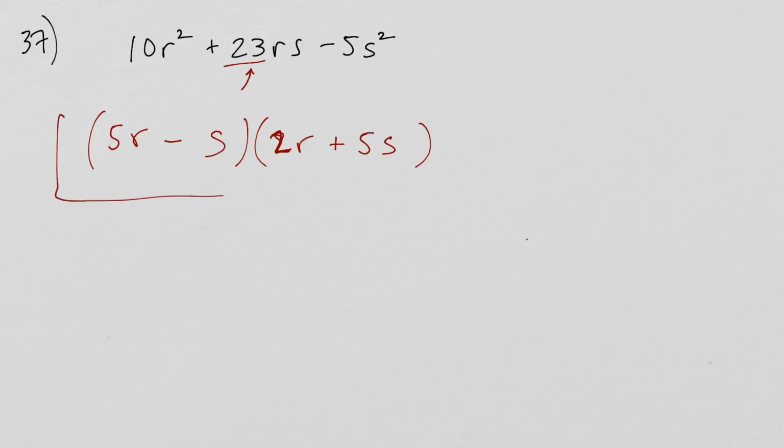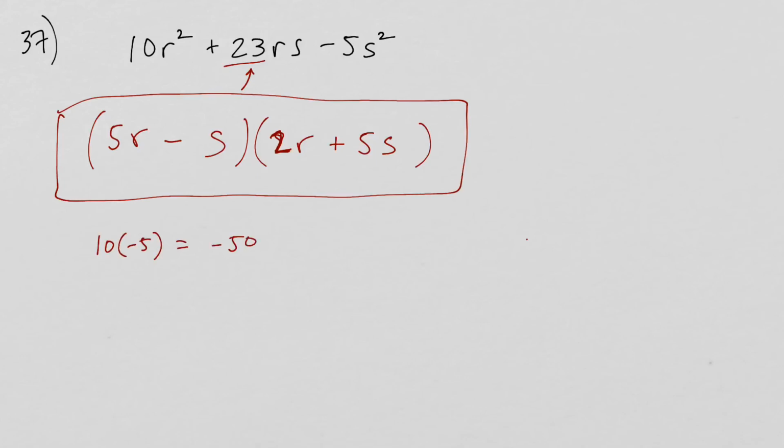So there, I'm done. If you couldn't see that and you needed a little device to help you with that, you multiply your outer two things together to get negative 50. I'm looking for factors of negative 50 that add up to 23. So negative 25 and positive 2. And then you take your 10r and put it over your negative 25, and your 10r and put it over your positive 2.